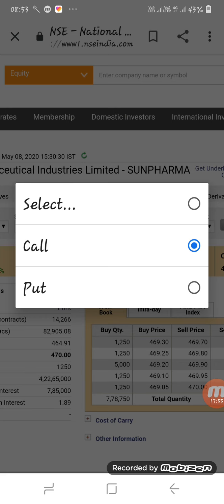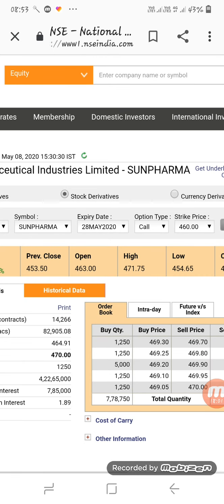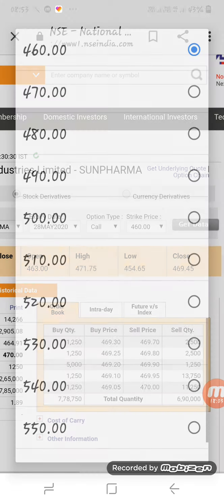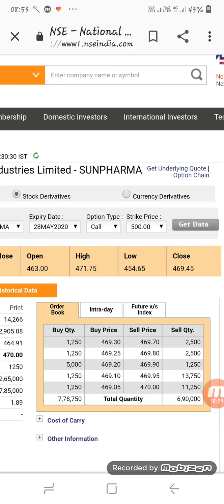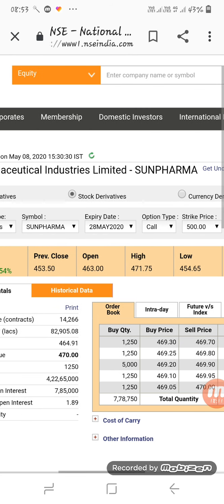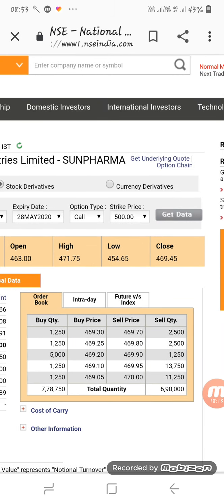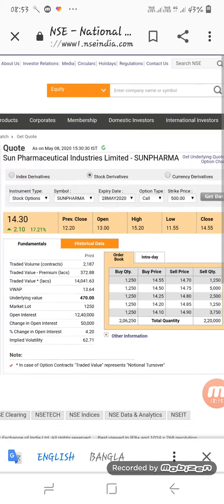We're assuming that Sun Pharma might increase, so choosing call option. In the last example, we were thinking that the price might reach 500. So you can click on get data, and you'll get the data.